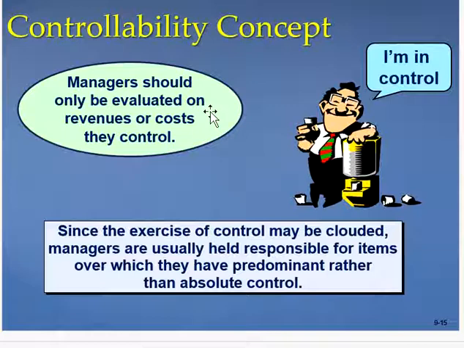Absolute control means they have 100% control of those items, which is practically sometimes not possible. So mostly, or predominantly, they are the ones in control. Then the manager should be held accountable for those revenues or costs.